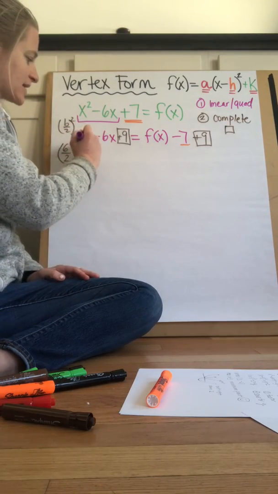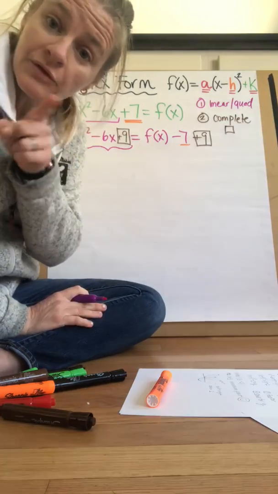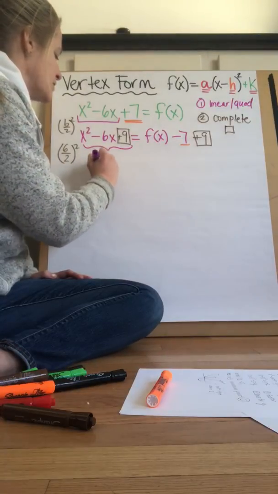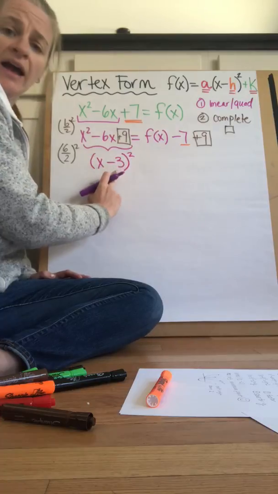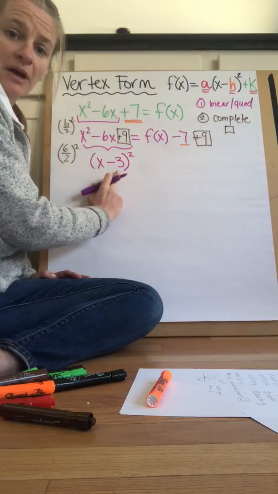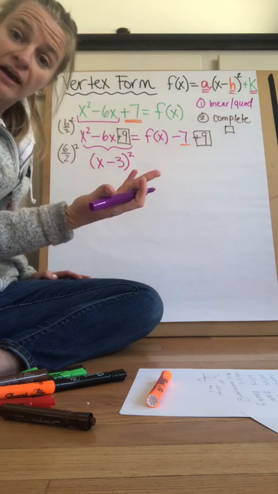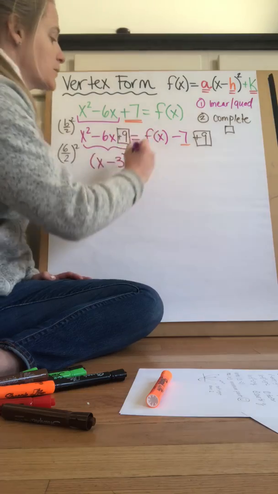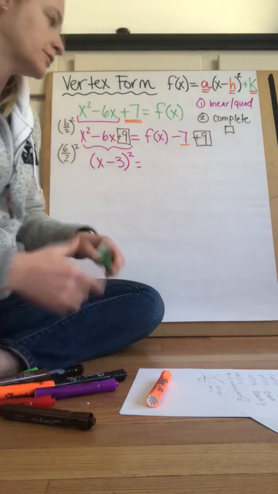Remember, when we factor that left-hand side, don't move the 9, okay? When I factor this side, a lot of you picked up on the fact that the number inside, minus 3, comes from when you cut your linear term in half, okay? So this is x minus 3, quantity squared, equals, there's a lot of numbers on here, hopefully you could follow along.